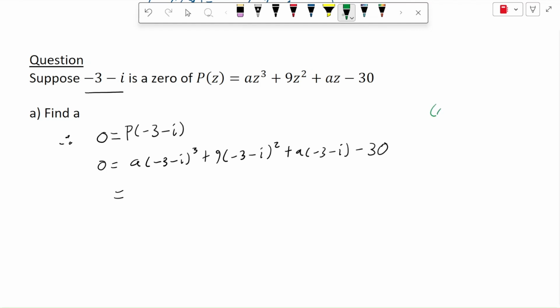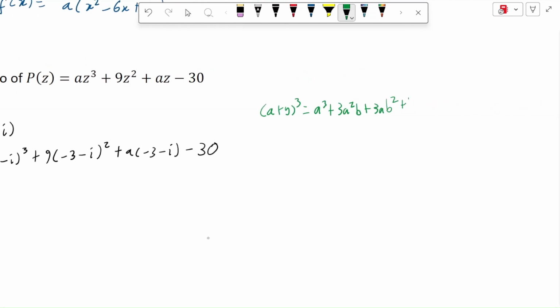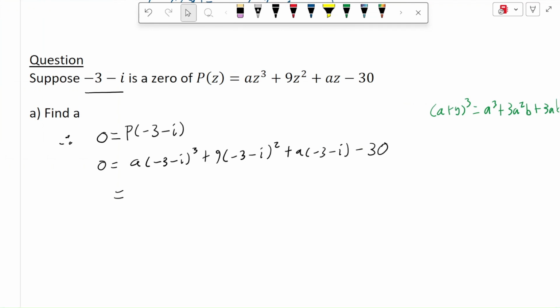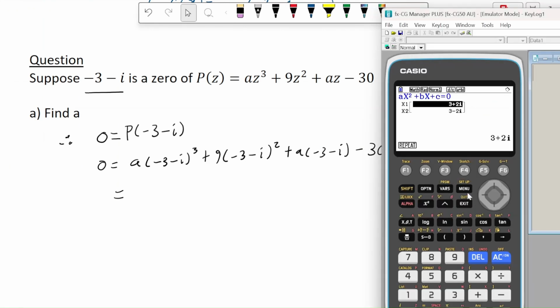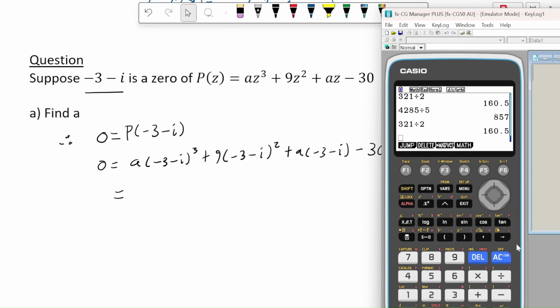So you could do the whole a plus b cubed is a cubed plus 3a squared b plus 3ab squared plus b cubed. And you could expand out that first term like that. What's going to make your life a lot easier is just doing it on the calculator. But I would recommend practicing both just in case it comes up.